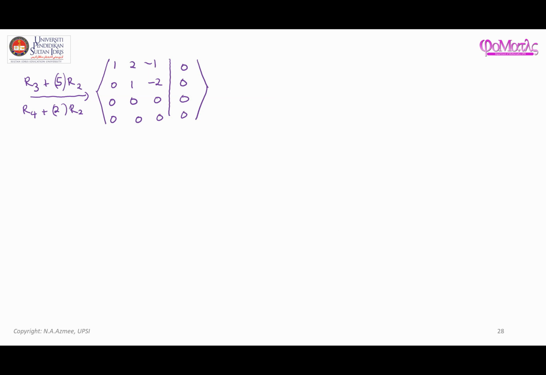Yeah, and based on that, what I can do next is, well, we have this part to consider. So basically it says 0 times c1 plus 1 times c2 plus negative 2 times c3 is equal to 0. Therefore c2 is equal to 2 times c3.